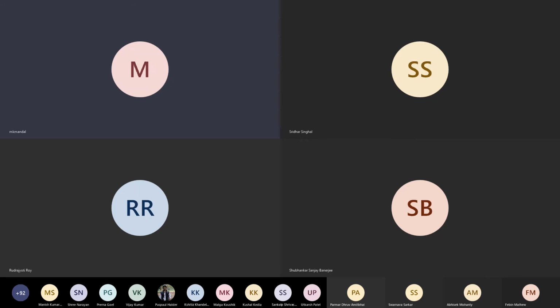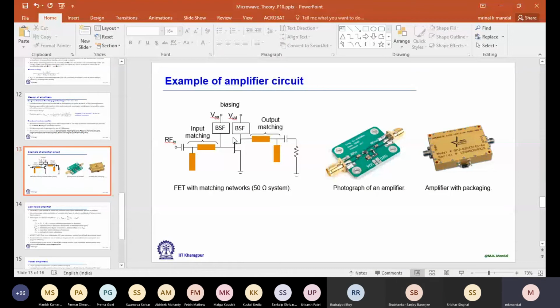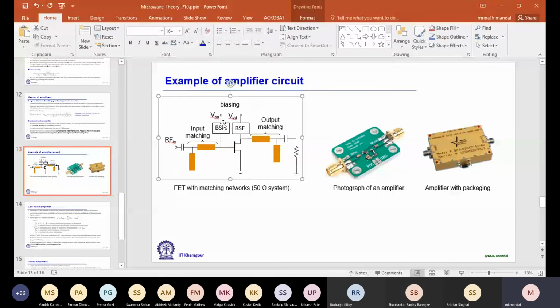So that open stub position we need to optimize. Well, so what we see then, we cannot allow RF power to go through your DC source. That's why you are using a band stop filter. Okay, this part is done.